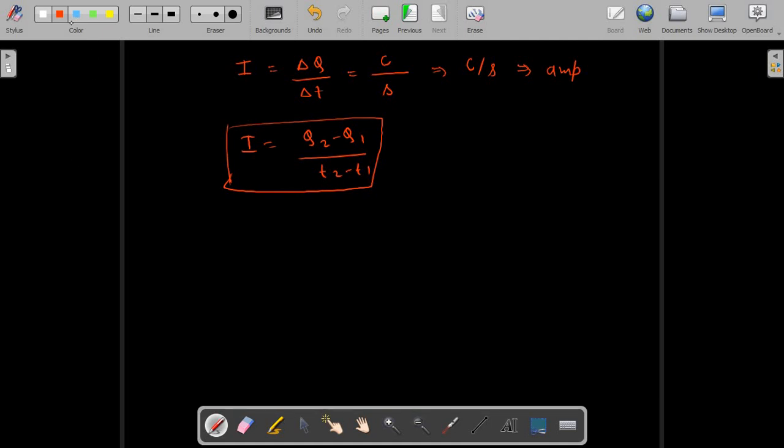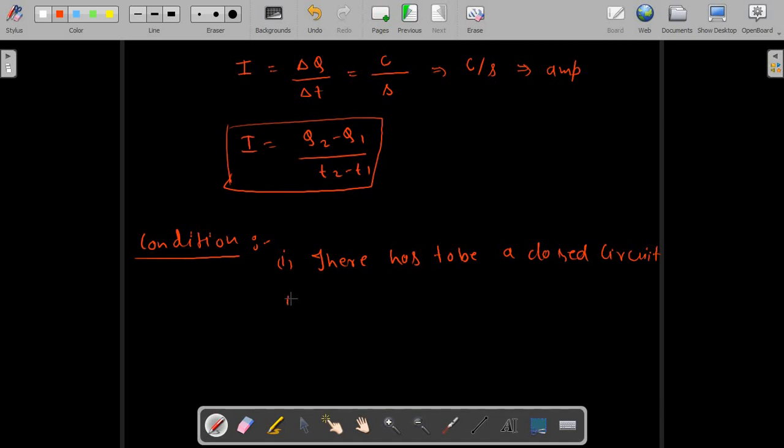What is the condition I have told you for current to flow? There has to be a closed circuit. That is the first condition.